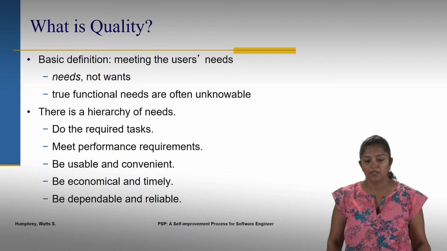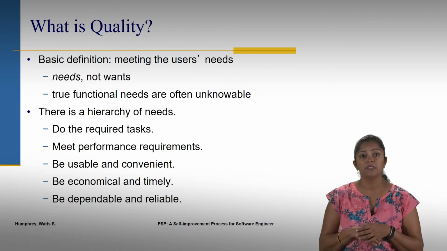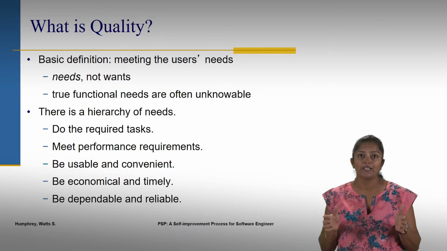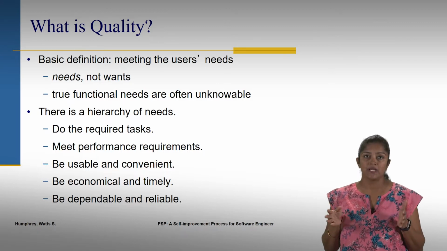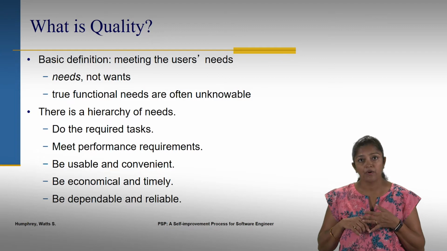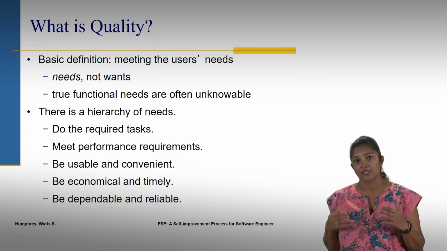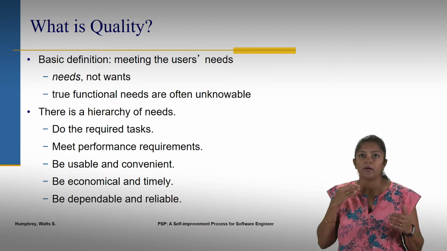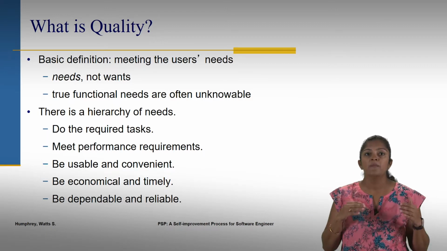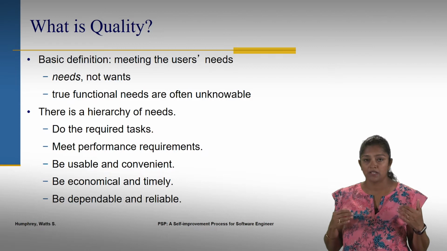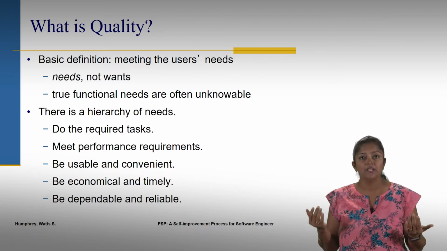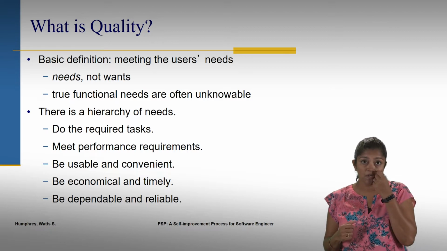Basically there's a hierarchy of these needs. The first and foremost thing is to do the required tasks correctly. Once that's done, we want to make sure that the performance requirements are met, so those tasks are in fact being executed in a timely manner and in an effective way. The next thing is that the functionality should be usable and convenient. It should be easy to use for the users.